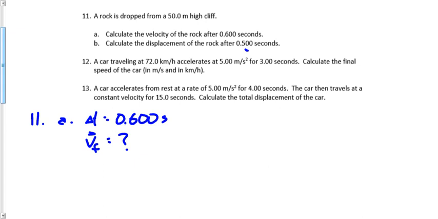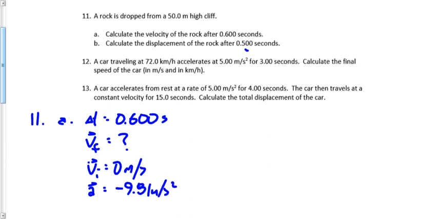If I read between the lines, do I know what the initial velocity is? 0. Good. Is there anything else that I have? Yes, acceleration is negative 9.81 because this rock is falling.